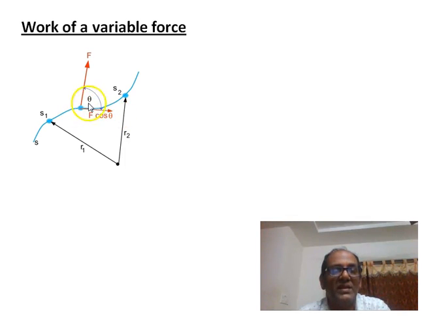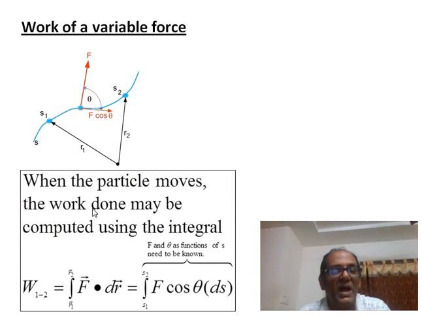We will say that the angle between the tangent to the curve and the force is theta. Now, if we consider a small movement dr bar at this point, we may write that the work done is f bar dot dr bar.